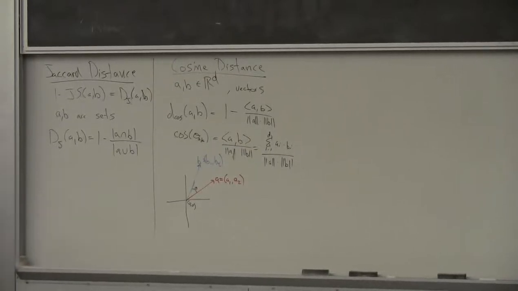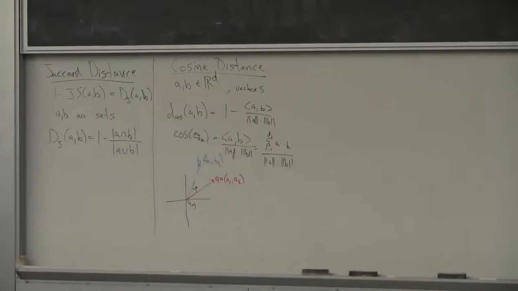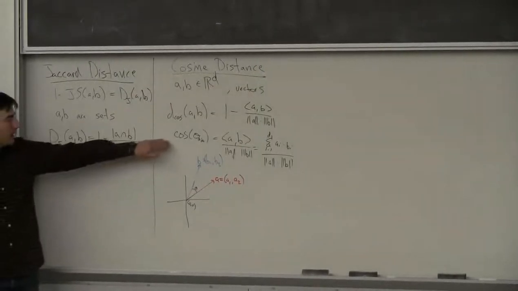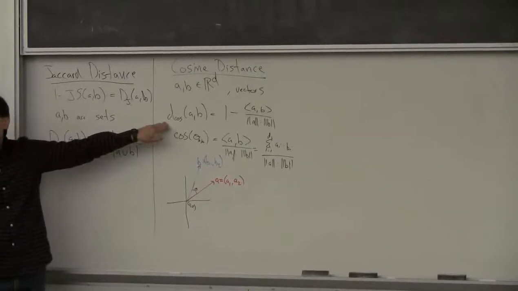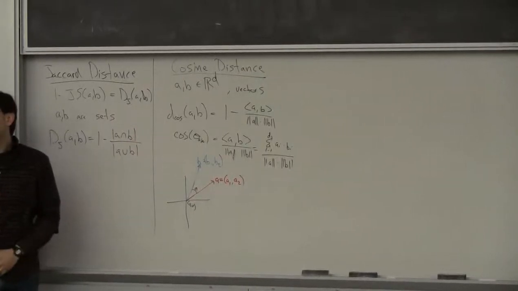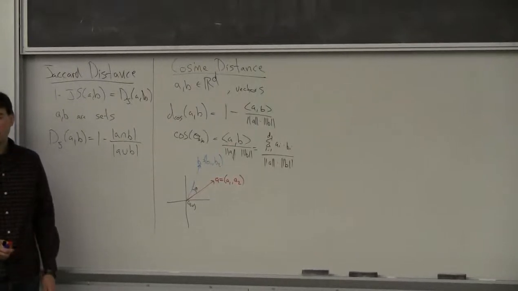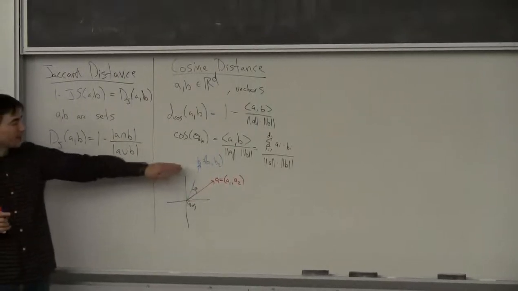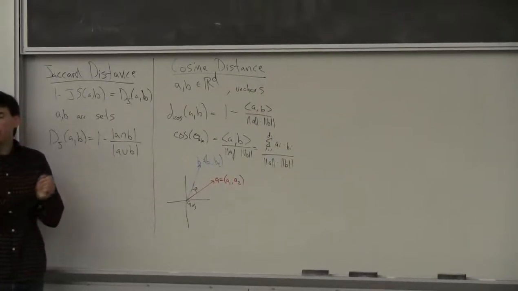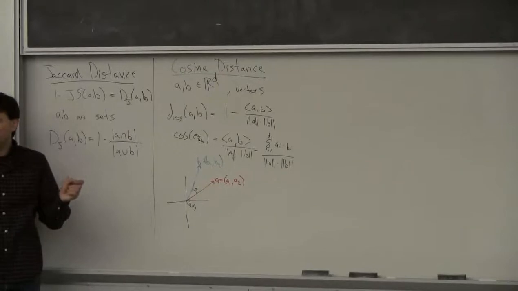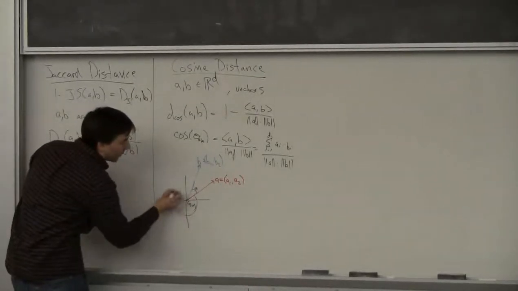All right, so it has to be always greater than or equal to 0. Cosine is always between minus 1 and 1, right? But I'm looking at the closest angle between them, so I'm not taking the angle that goes all the way around.